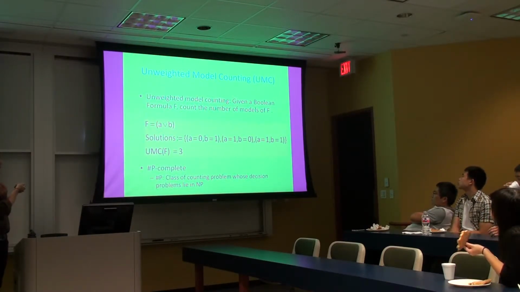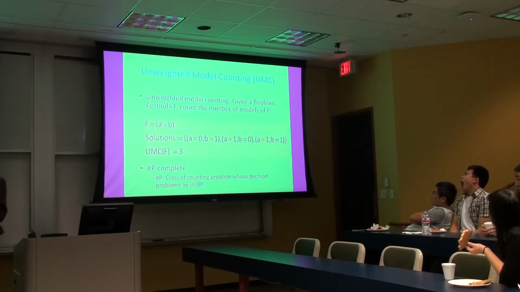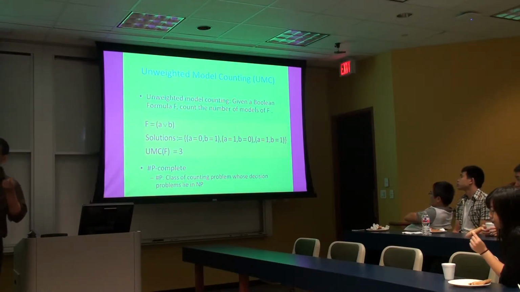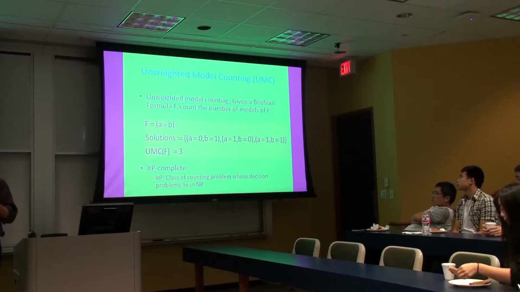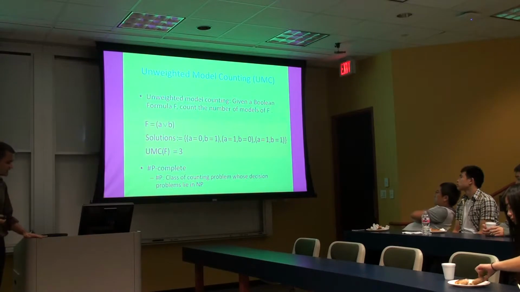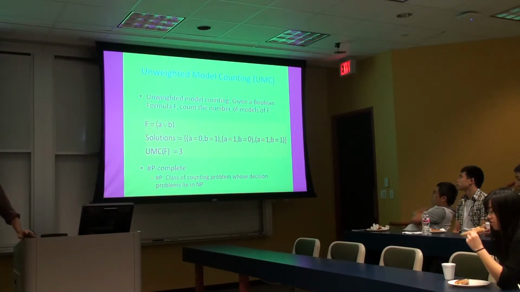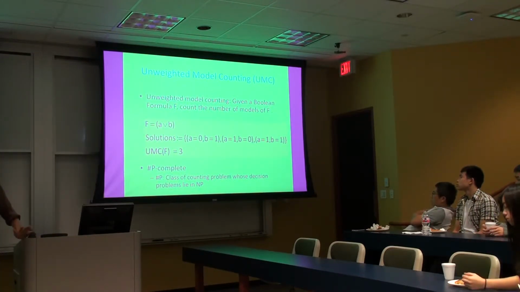So if the formula is A or B, then it has 3 satisfying assignments. Both of them can take value true, or one of them can take true and the other false. And now the problem of unweighted model counting is to estimate this number 3. This seemingly simple problem is actually very hard in theory. In the complexity sense, it is known to be Sharp-P complete.